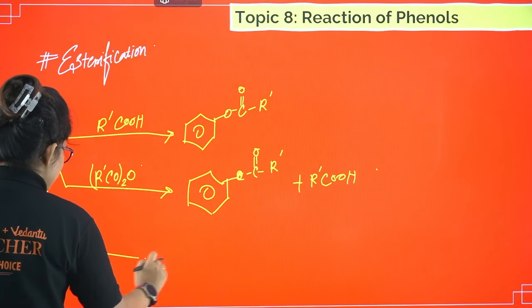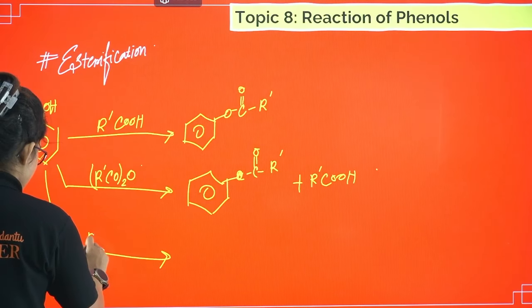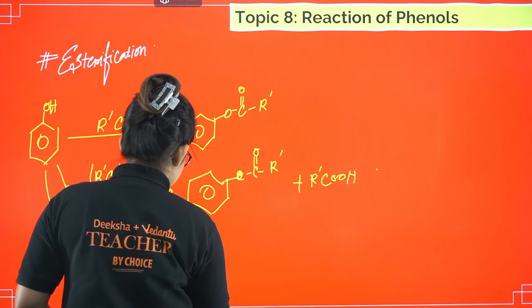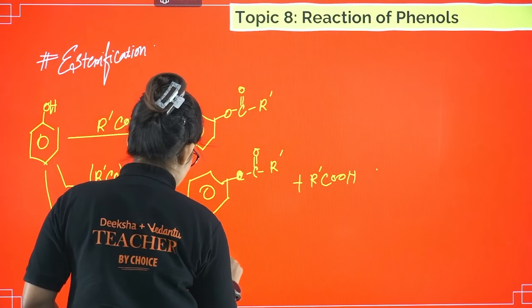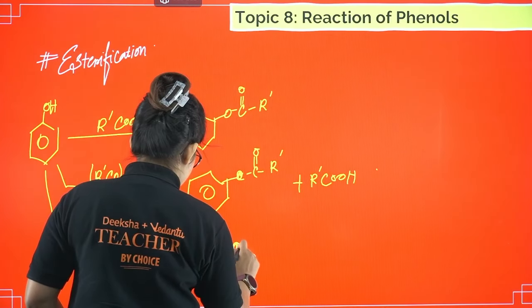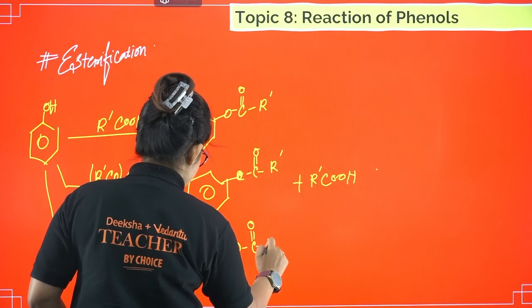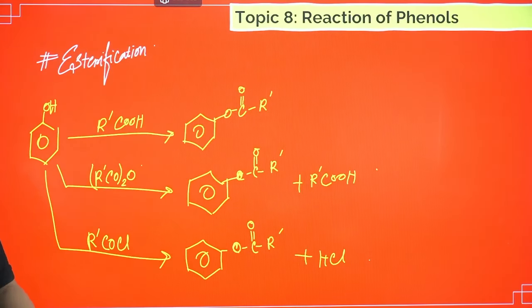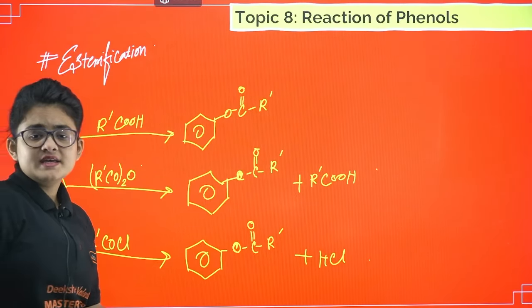Now if you give acyl chloride, let's say R'COCl, then also you will end up with the ester, OCOR' plus HCl. That's it. This is all about the esterification reaction. I guess it's clear to you.